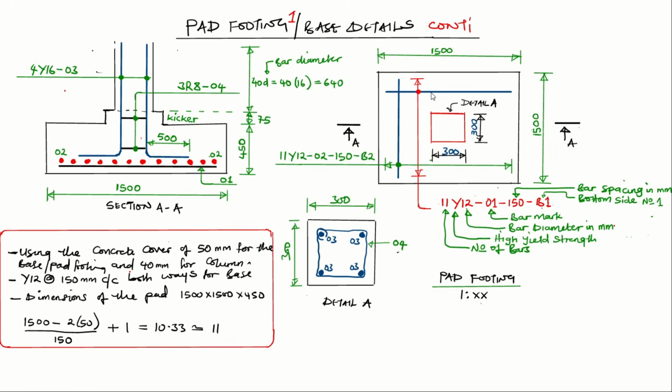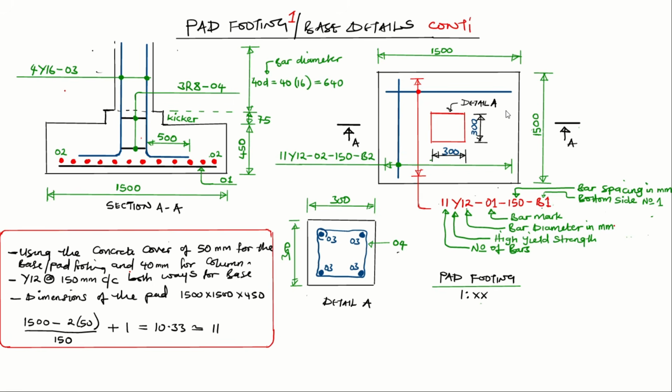Now, the length from this top to this bottom is 1500 here, right? So you are going to have your 1500 here, minus, now remember that this reinforcement has a concrete cover here and here. On both ends, it has a concrete cover of what? 50.